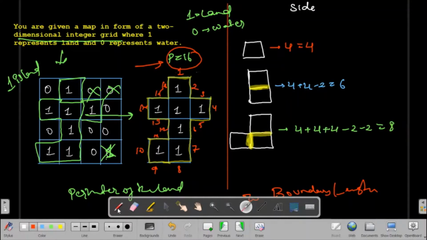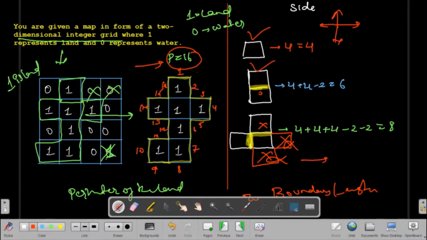You may have a question that we can move in four directions, so we can also have these cases. We will not be using this case, because we will see in a few seconds why we are not considering it. When solving the question, we will just use these three conditions: either it will be single or it will be double.